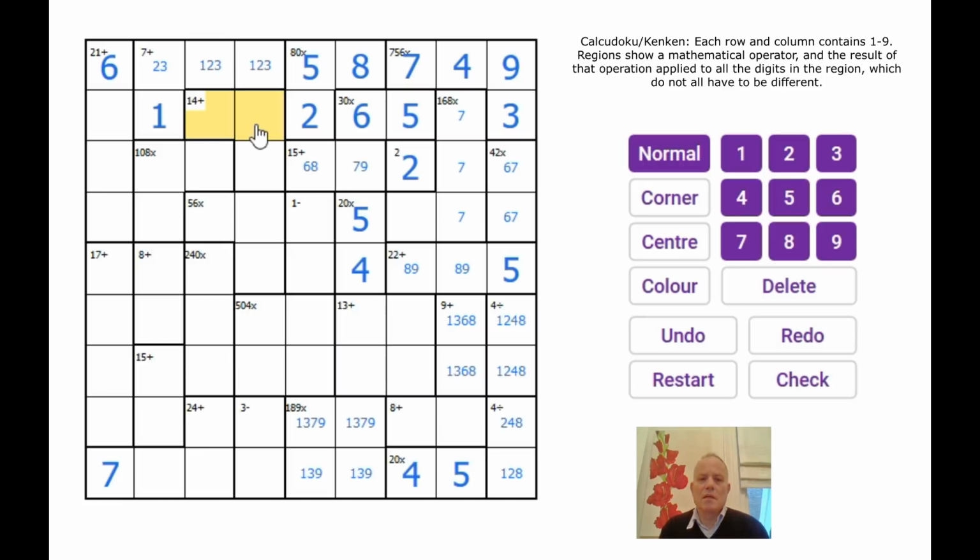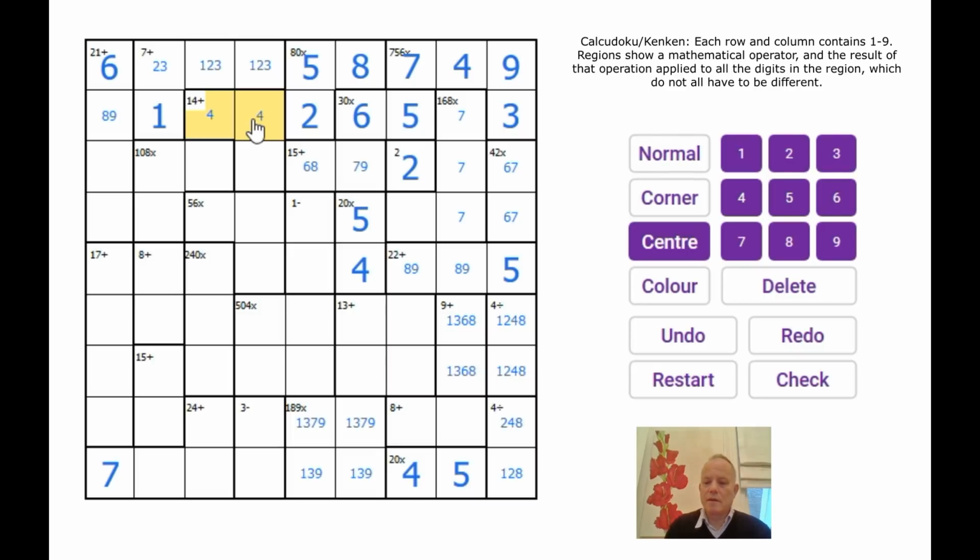If 4 wasn't amongst these 2 cells, that would be too much for the 14. The next minimums are 7 and 8. So 4 must be in that pair. This must be 8 or 9. There's a 7 down here, look. Those 4s could either go with, or they could go with any of 7, 8 or 9.